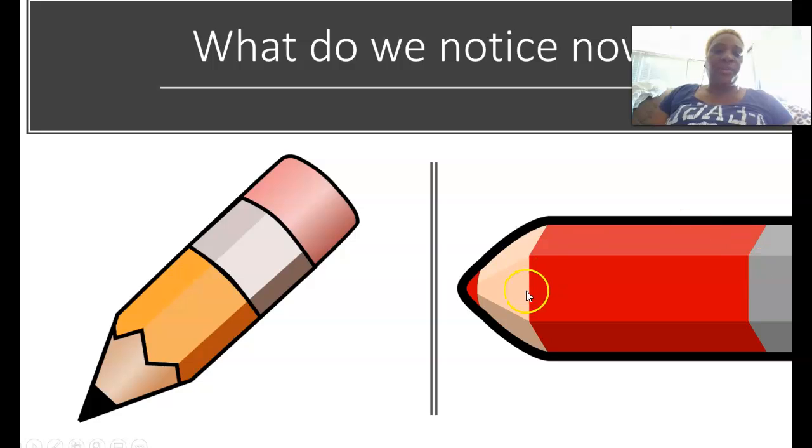So this is a colored pencil, and it's a red colored pencil. This is just a regular writing pencil, and it has a black lead. So this lead is red. So they're almost the same because they're pencils, but there's a difference. The difference is the colors. They're different colors. But we did notice that they're both small. They're both kind of short pencils, right? Almost the same, but there's a difference.